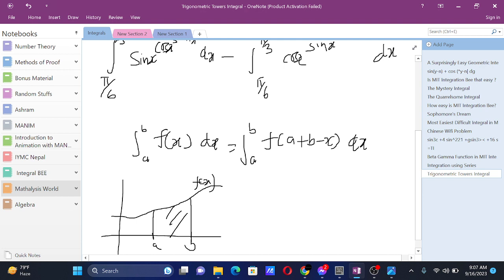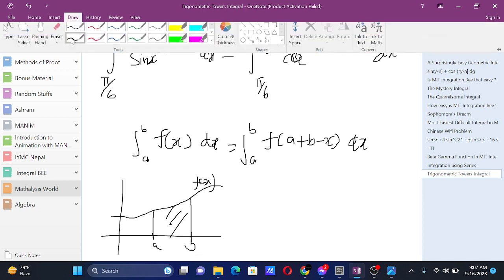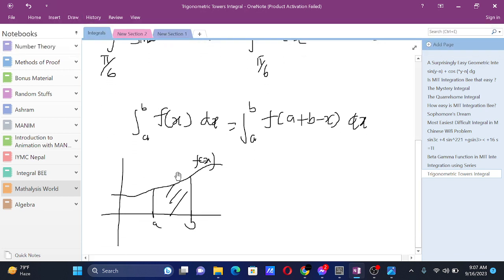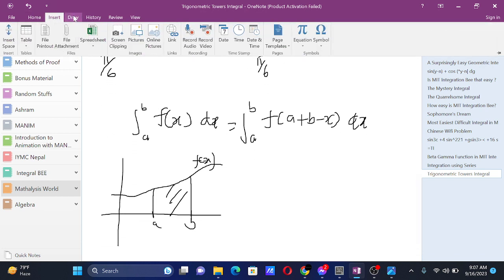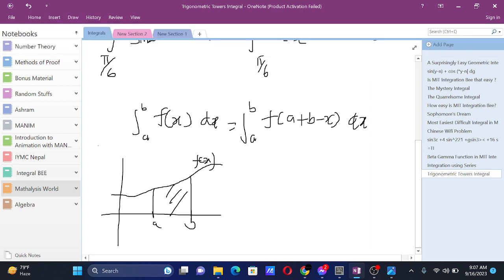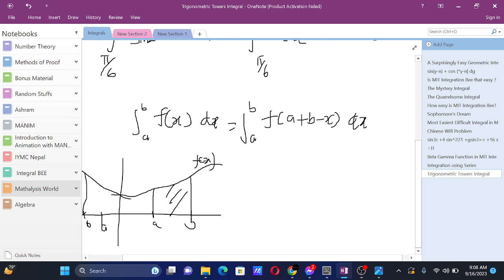Now to get this function, we first need to reflect this in the y-axis. Can't really do that over here. If you reflect in the y-axis, you get something like this, and you will get an integral from somewhere from a to b.